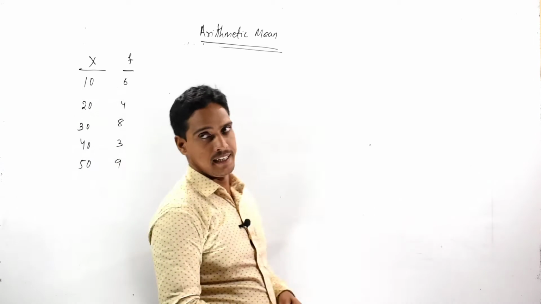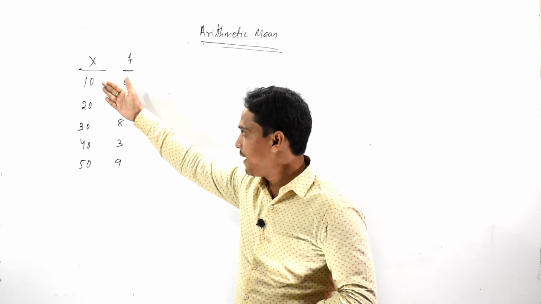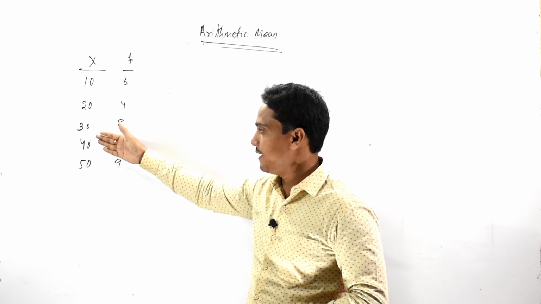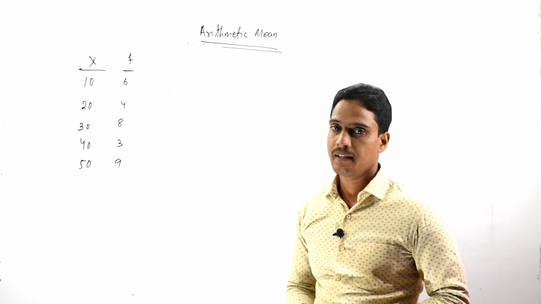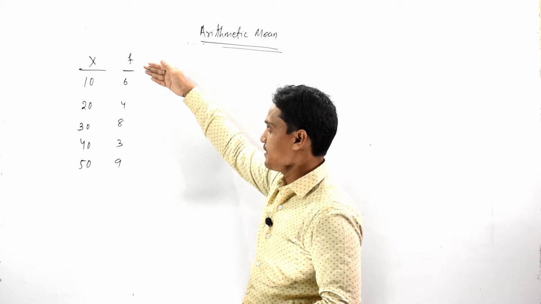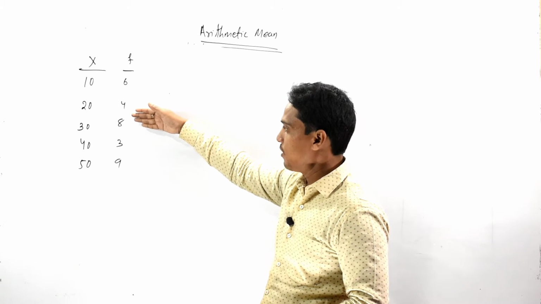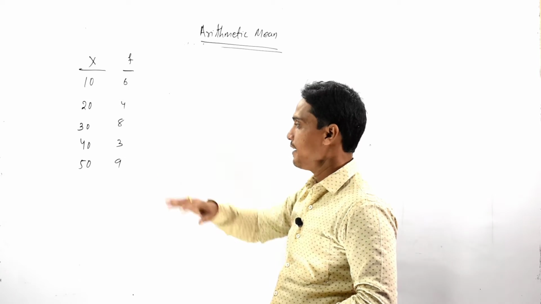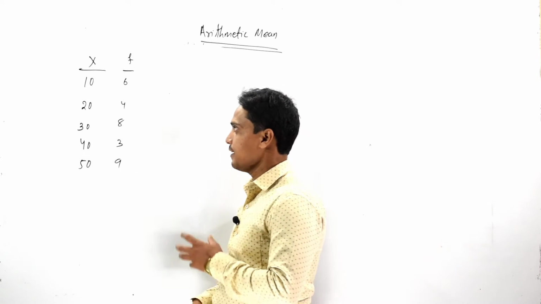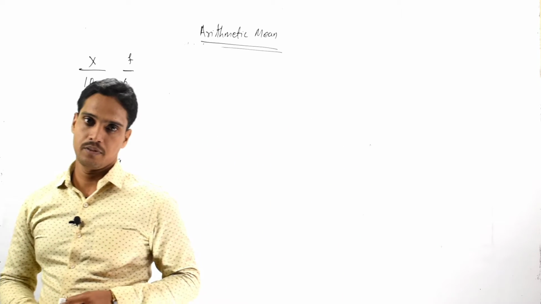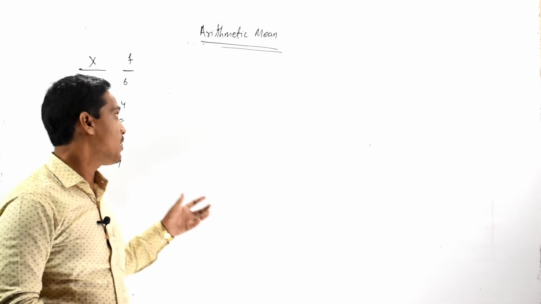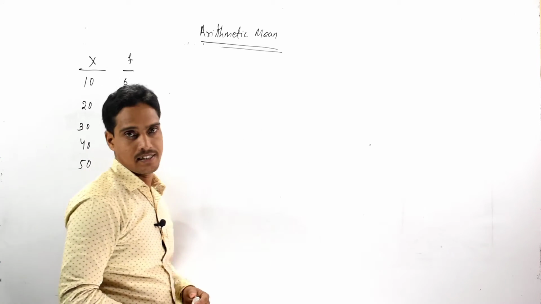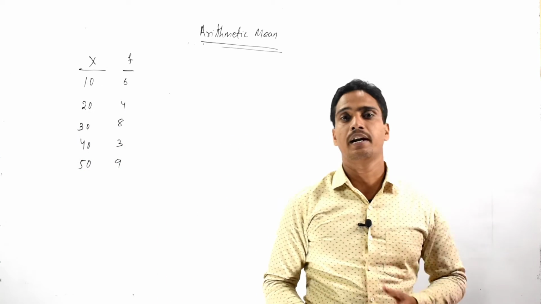Our given series is 10, 20, 30, 40 and 50, and their respective frequencies are 6, 4, 8, 3 and 9. Here we should compute the arithmetic mean of the given discrete series by using different methods.